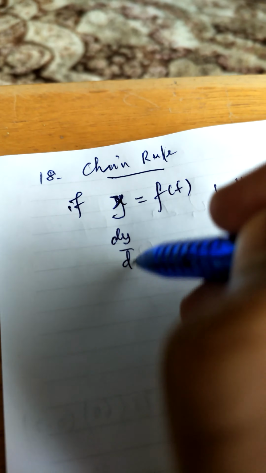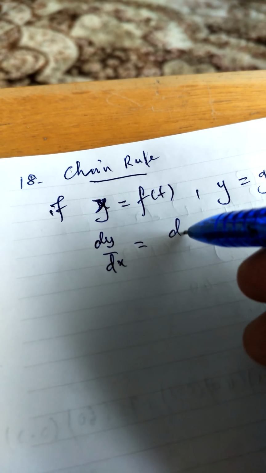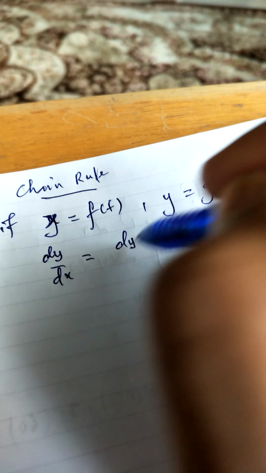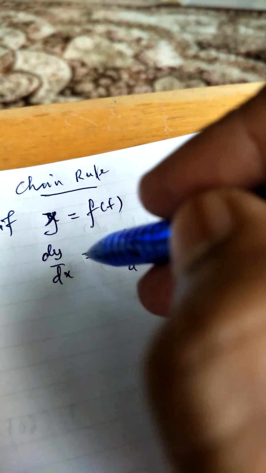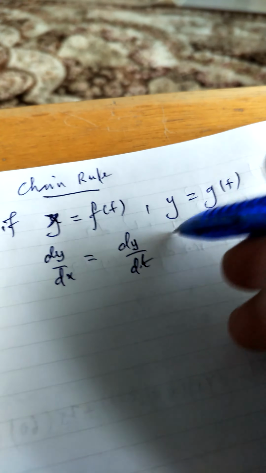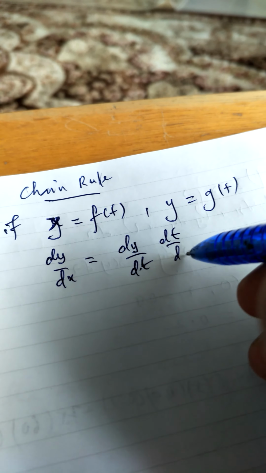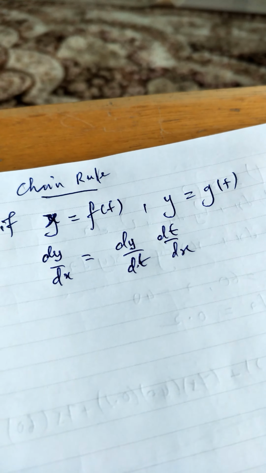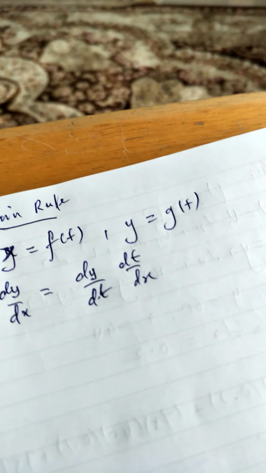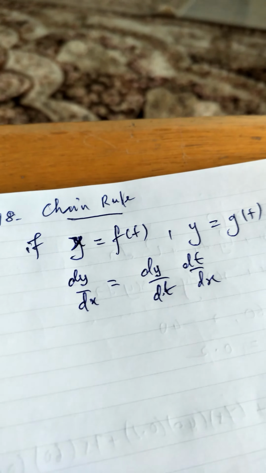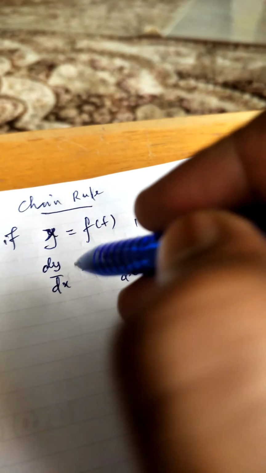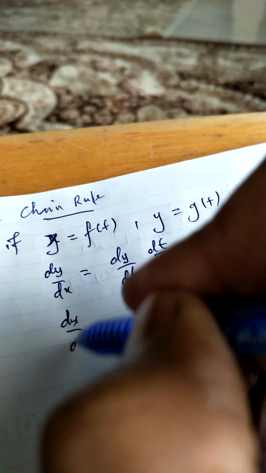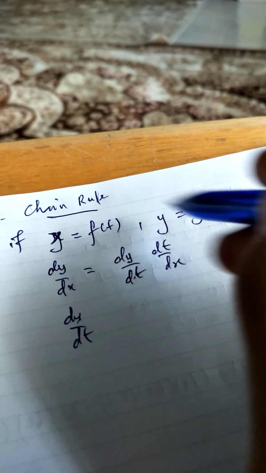Then we can find dy/dx by differentiating those with respect to x, dx/dt, dt/dx. Or you can also find dy/dt if you want, dy/dt or dx/dt.